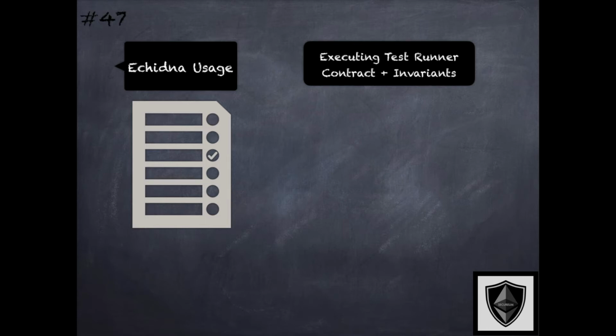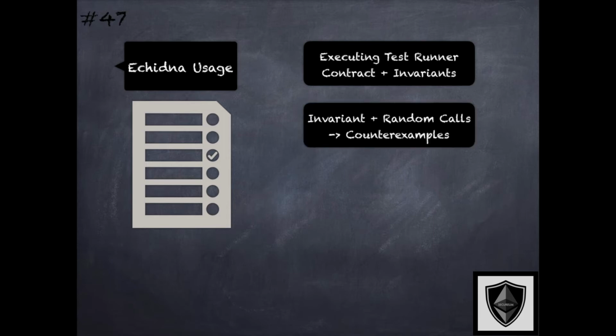For each invariant, it generates random call sequences to the contract and checks if the invariant holds. If it can find some way to falsify the invariant, it prints the call sequence that does so. And these are typically referred to as counterexamples in this terminology. If it can't find counterexamples, then we have some assurance that the contract is safe with respect to that invariant.